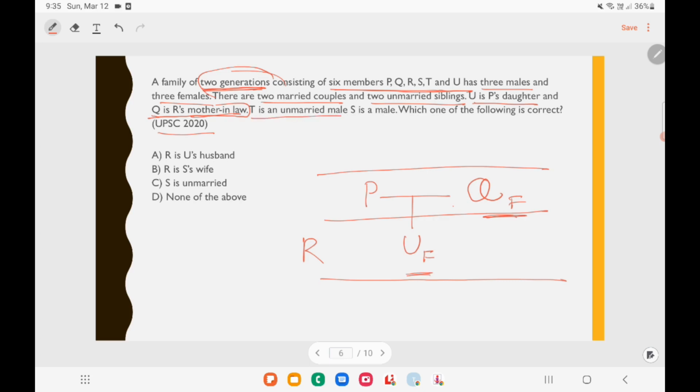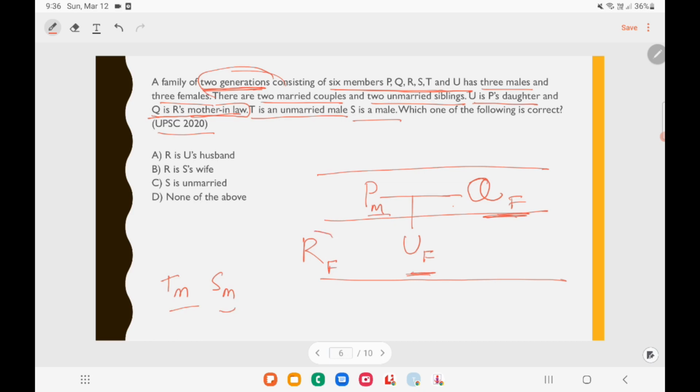Now T is an unmarried male, so T is a male, and S is a male. Now you need to arrange them such that it will satisfy the given conditions. So if I am drawing Q like this as P's wife, P will be male, right? So that means we already got 3 males, and Q is a female, U is a female and R will be a female.